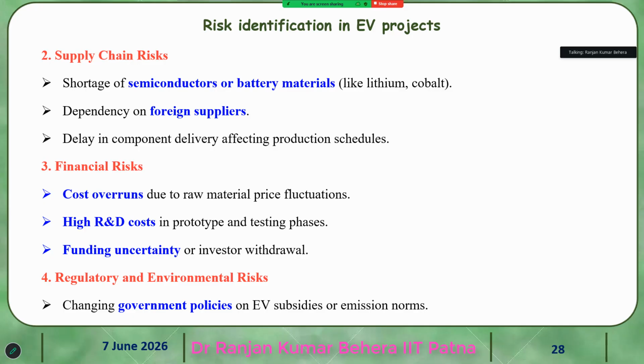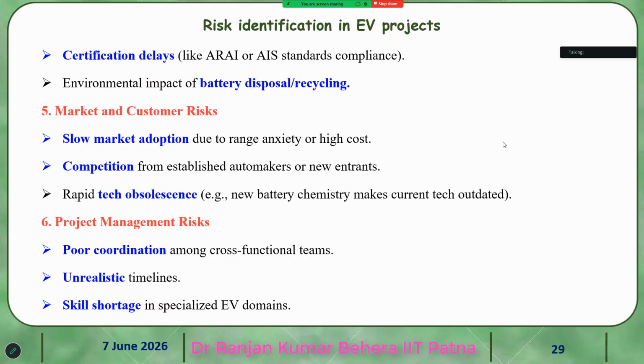And regulatory and environmental risk. For example, government policies are changing, and emission levels and other things are changing day by day, which has an impact as environmental as well as regulatory risk. Then certification delay, like ARAI and AIS standard compliances.